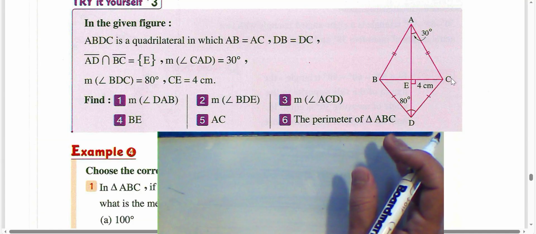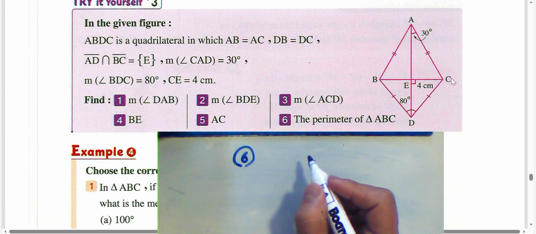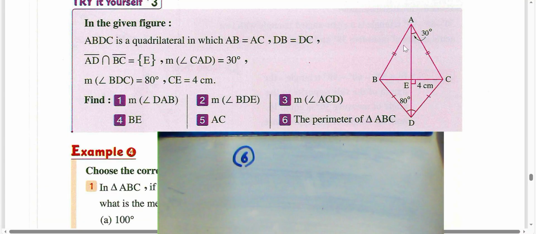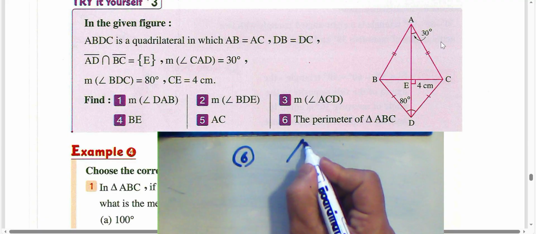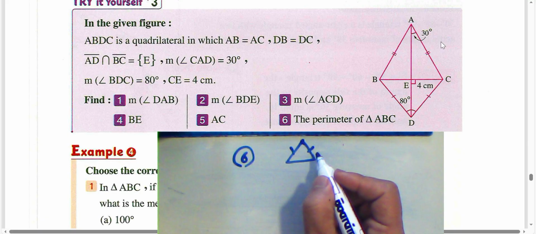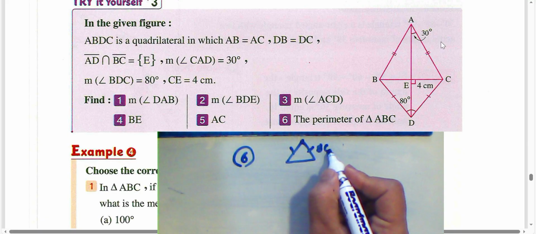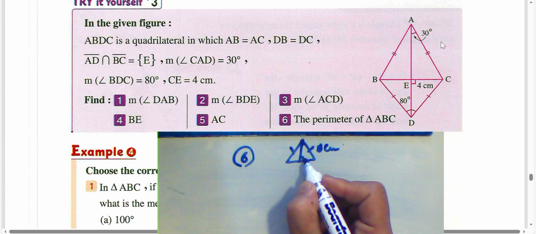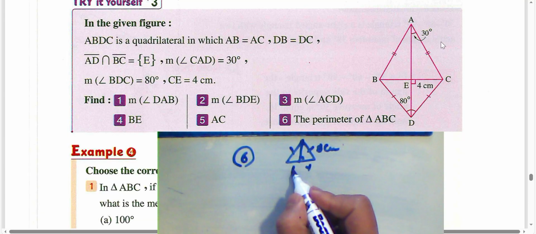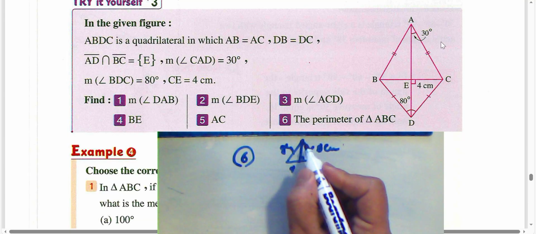Next question, number 6. He wants to find the perimeter of triangle ABC. This triangle, we can collect all sides. We found here this isosceles triangle. This side length I found now 8 centimeters from the right angle triangle here, 30, 60 degrees, 80, and this 40, and this 8 also, because isosceles.